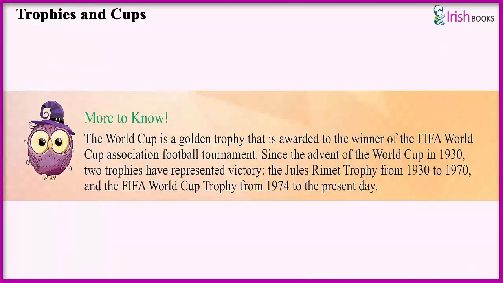The World Cup is a golden trophy that is awarded to the winner of the FIFA World Cup Association football tournament. Since the advent of the World Cup in 1930, two trophies have represented victory: the Jules Rimet Trophy from 1930 to 1970 and the FIFA World Cup Trophy from 1974 to the present day.